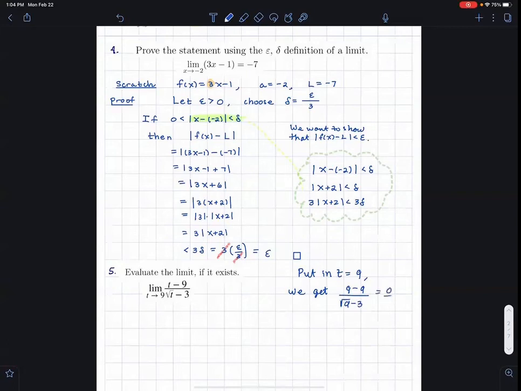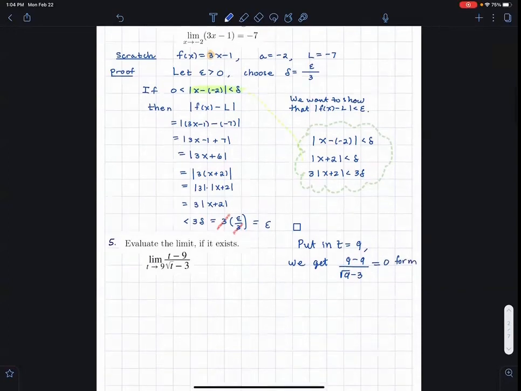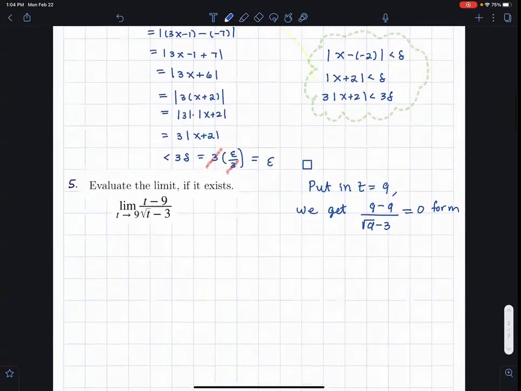That's an indeterminate form, meaning that just by looking at it, it's not clear what's going to happen. We don't know what the limit will be. It might not even exist.